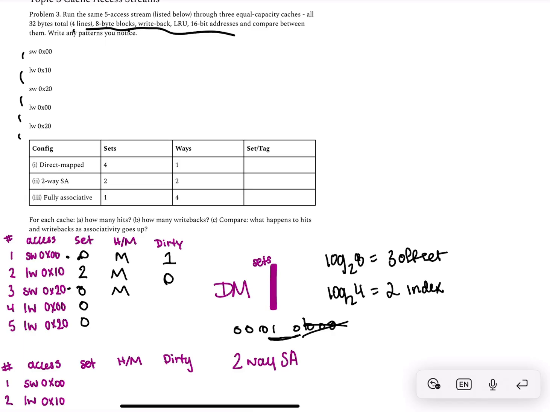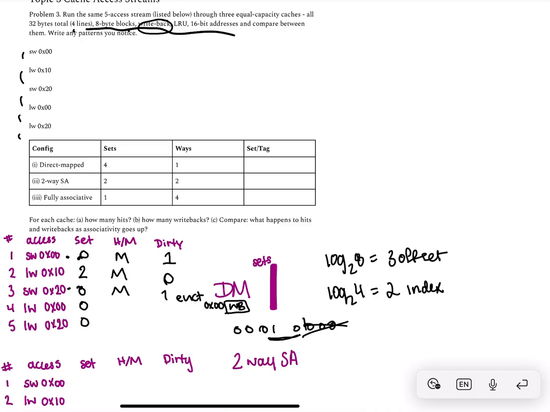So I'm going to say we evict 0x00 in order to put 0x20 there. And once we evict 0x00, then we have to write it back because this is a write back cache, right? And so I'm going to indicate WB here for write back. We're writing back that value there.